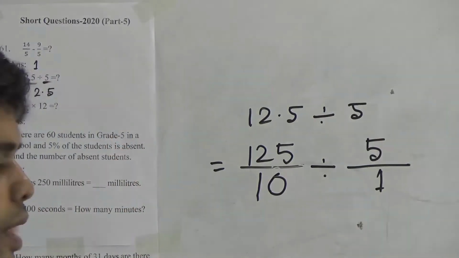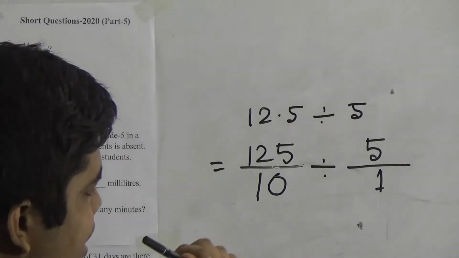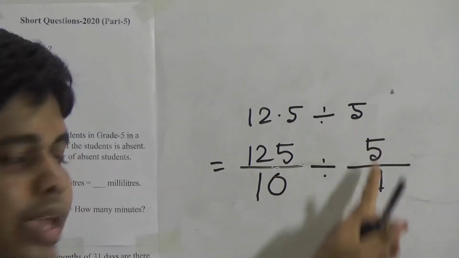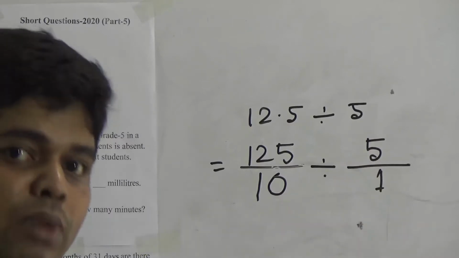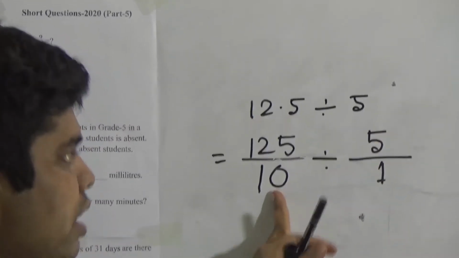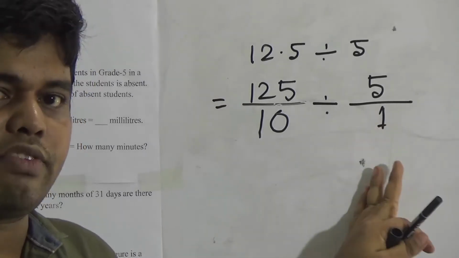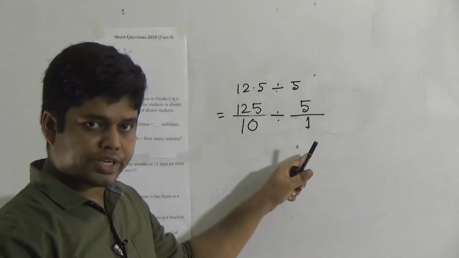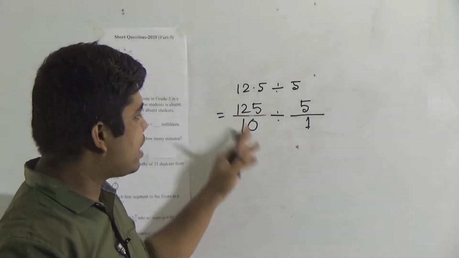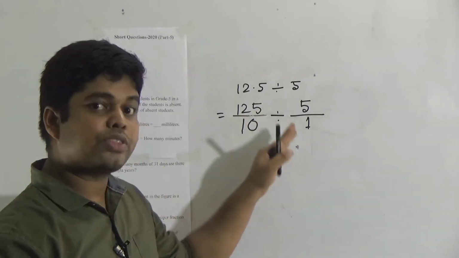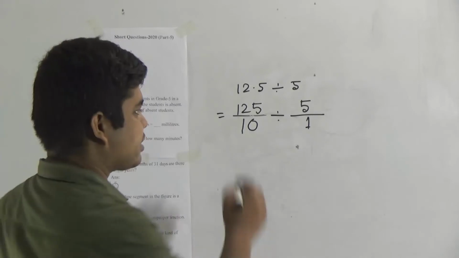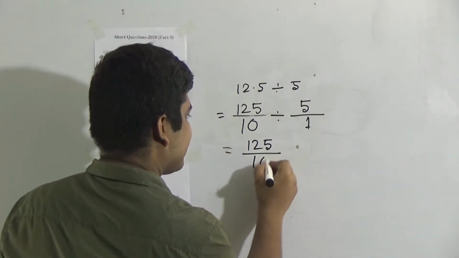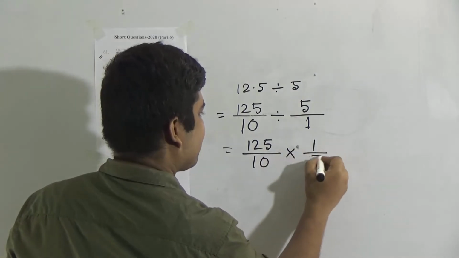We know if we divide one fraction by another fraction, then we do multiplication of the first fraction with the reverse of the second fraction. That means we do multiplication 125 by 10 multiplied with 1 by 5.